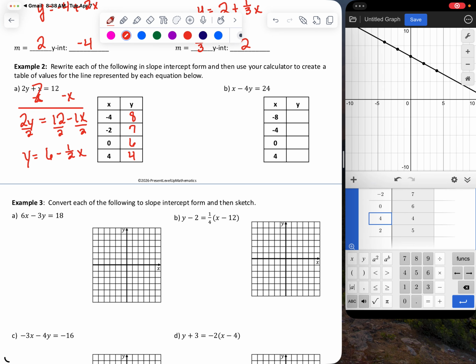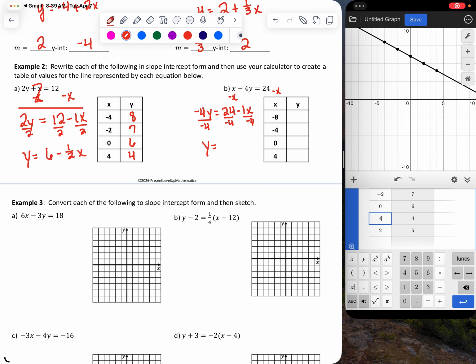All right, let's look at problem B. We have x minus 4y is equal to 24. So I want to start off by subtracting x from both sides. So that would give me -4y equals 24 minus 1x. Now I'm going to divide everything by -4.